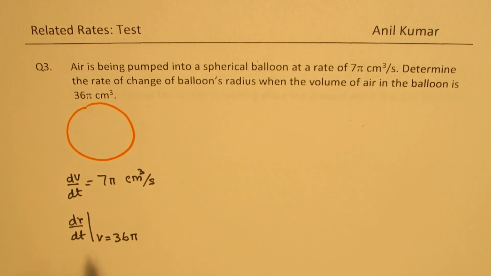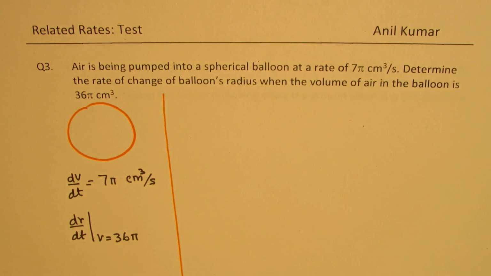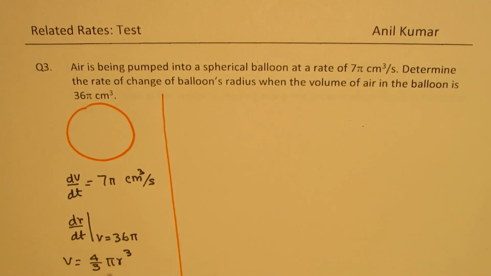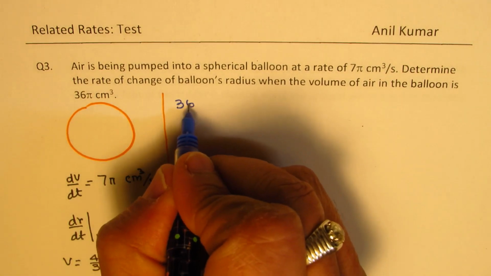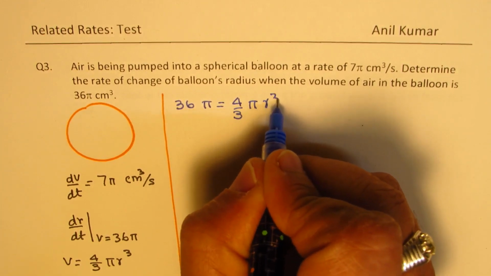Now, we are not given the radius, we are given the volume. So in such cases, we need to figure out how much will be the radius for the given volume, correct? So that is one step. Now we know that the volume is 4/3 pi r cube. Now we can use this relation to get the answer. Volume is 36 pi. So for 36 pi, 4/3 pi r cube.